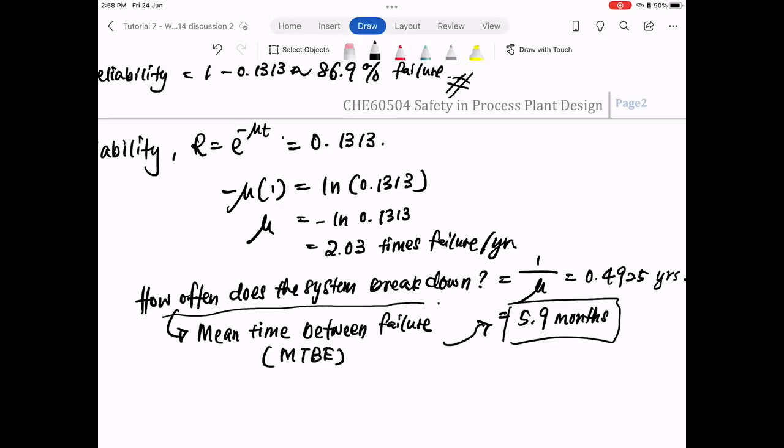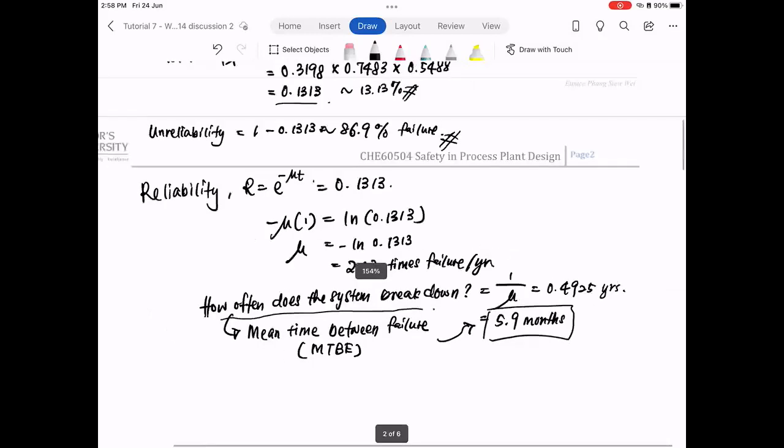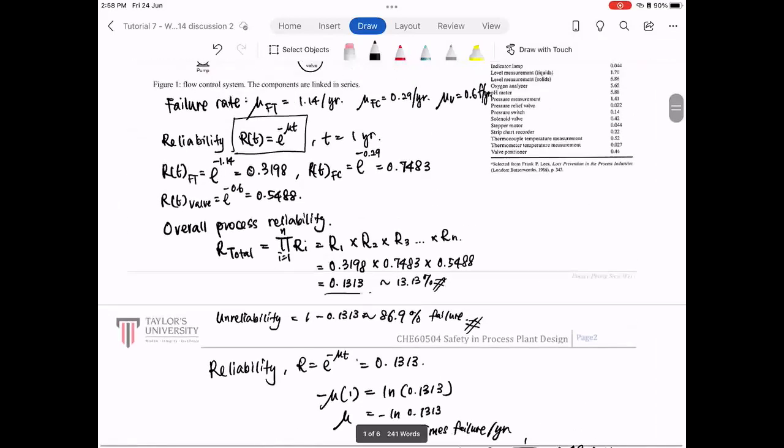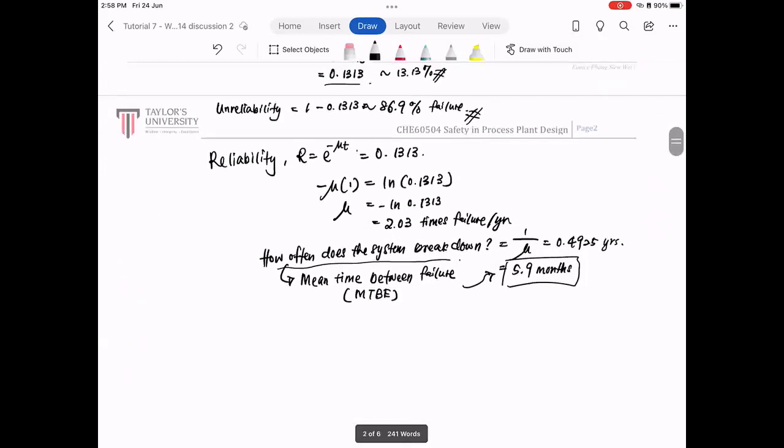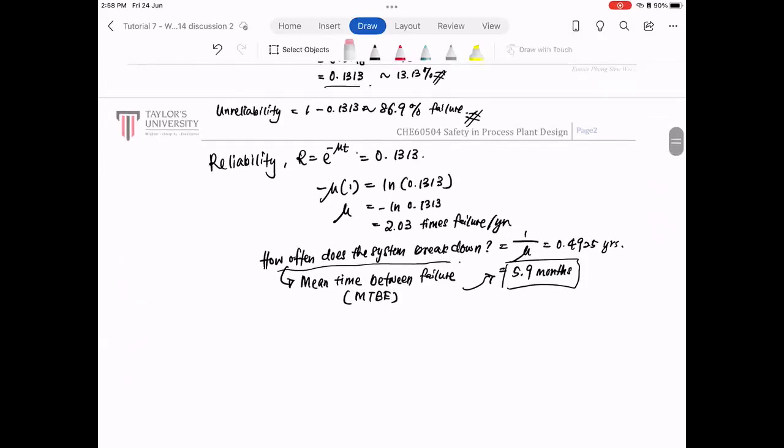Any questions so far? We have roughly covered a few terms that are used in maintenance engineering: the overall failure rate, the unreliability, the reliability, and the mean time before failure, MTBF, sorry, not E, it's failure, so it's F. Any questions?